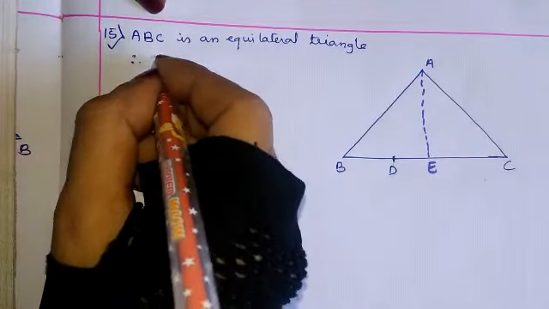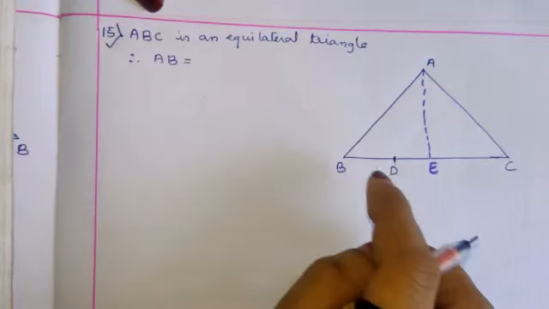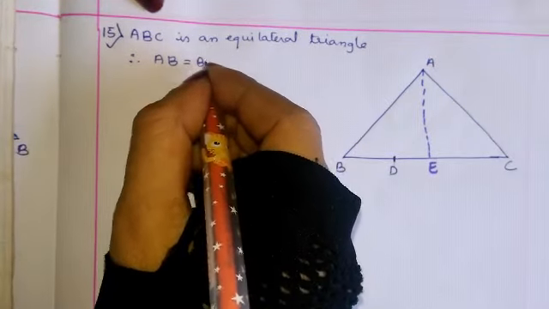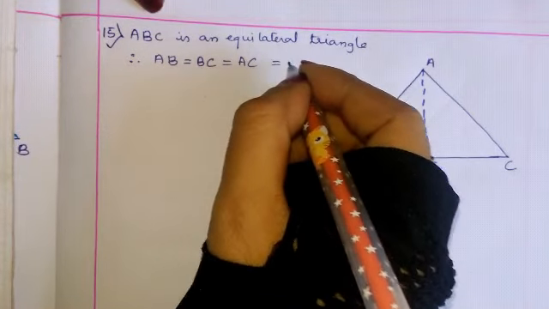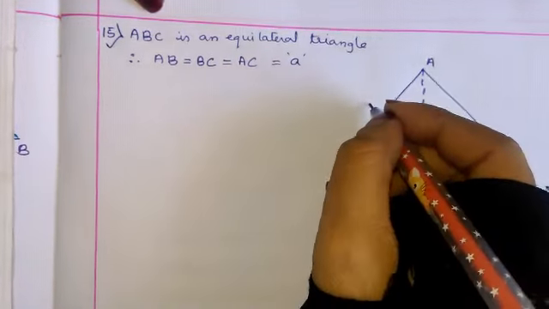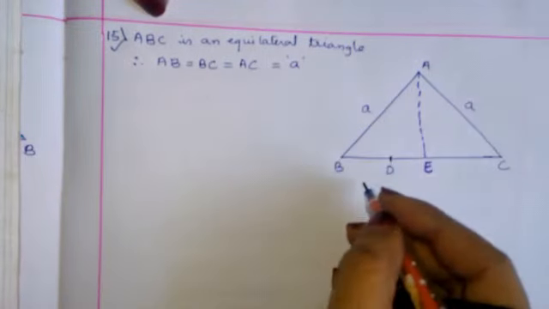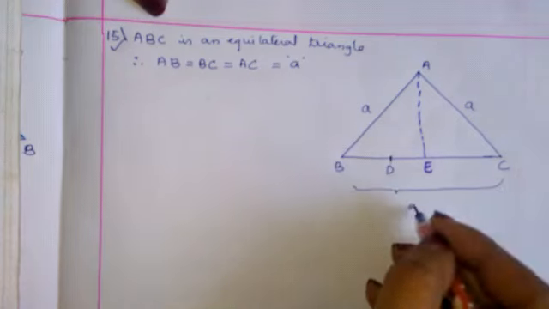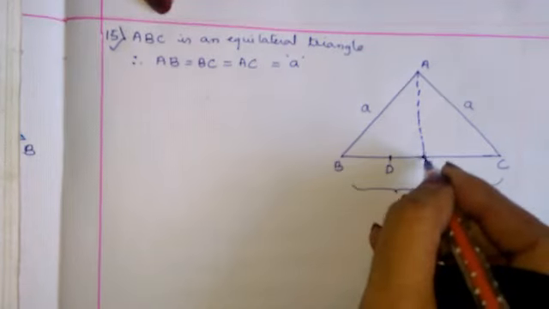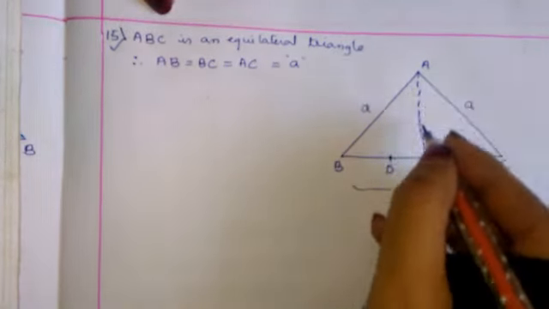Therefore, AB equal to BC equal to AC. Let us consider all these sides as A. Okay, this is also A, this is also A, and this complete side is A. But we know that the altitude divides exactly half.